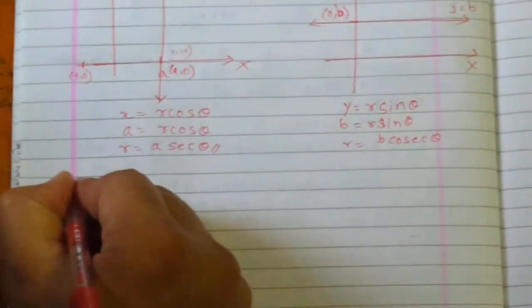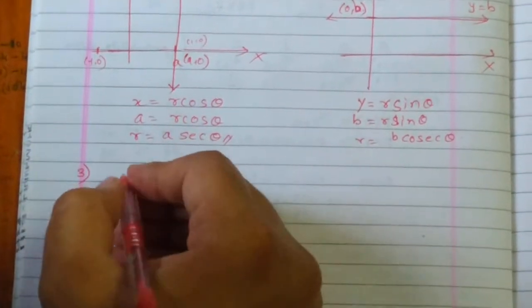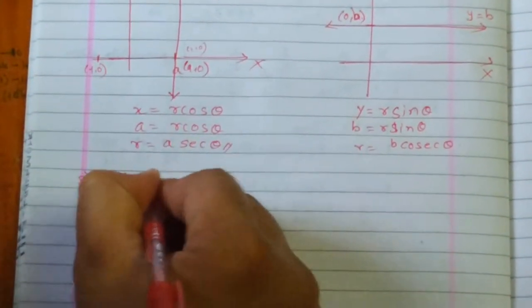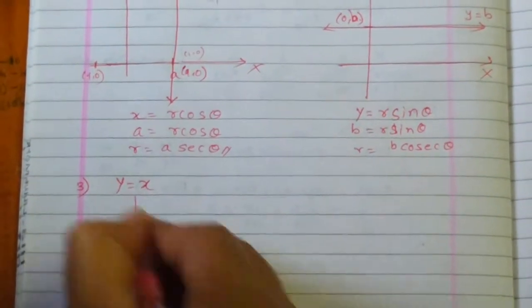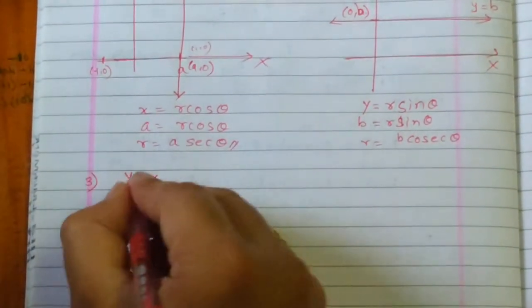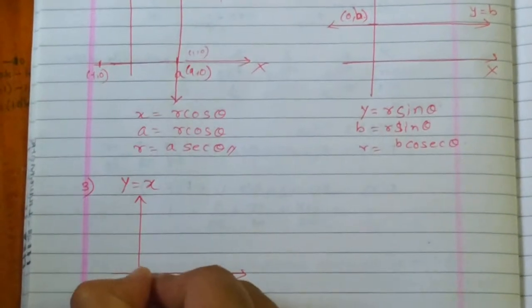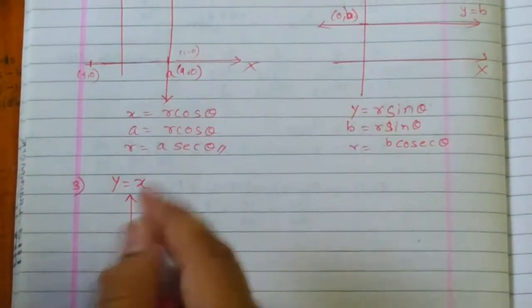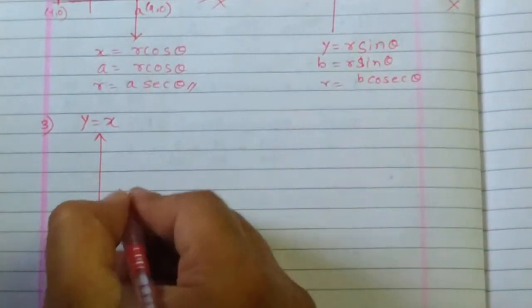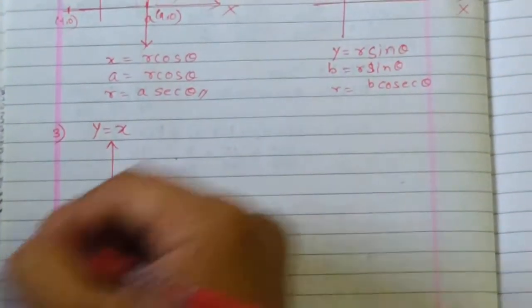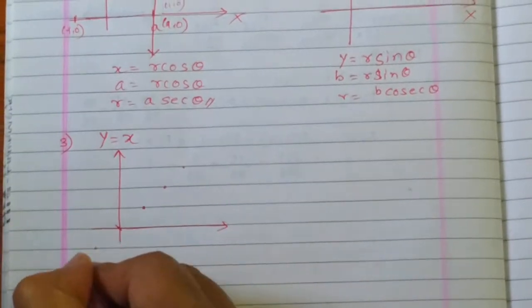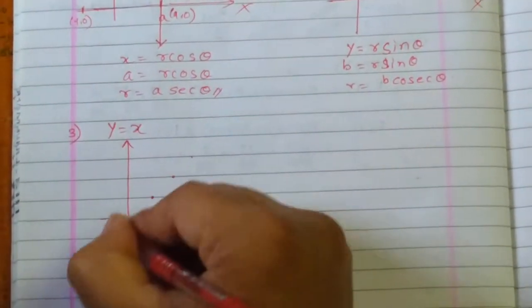Another two popular lines are, one is y is equal to x. It is a very popular line and very easy to remember. y is equal to x means the y and x coordinates are the same. That means it is definitely passing through the origin 0, 0, then 1, 1, 2, 2, 3, 3, and -1, -1, -2, -2.